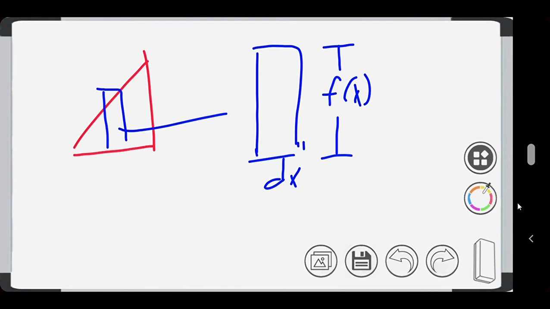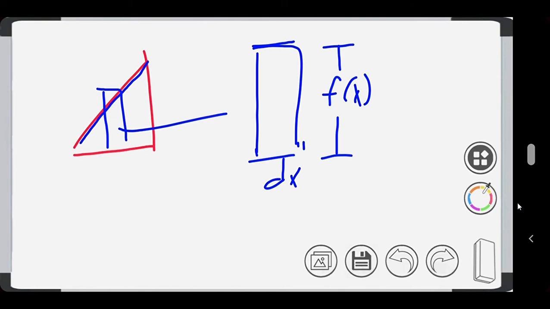Now, you might be wondering why the height is f of x when our f of x is not horizontal. This has a slope. In this case, we assume that our rectangle is very small in width, so that f of x approximates to being a horizontal line.